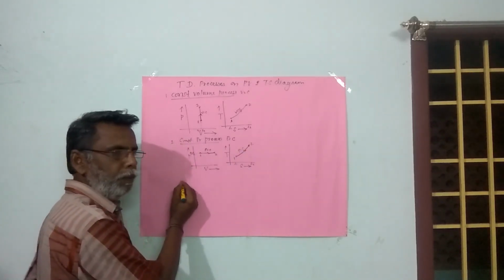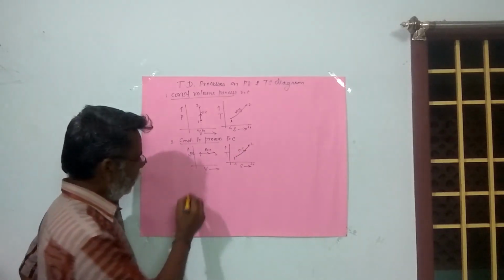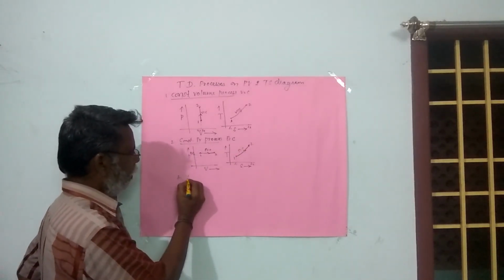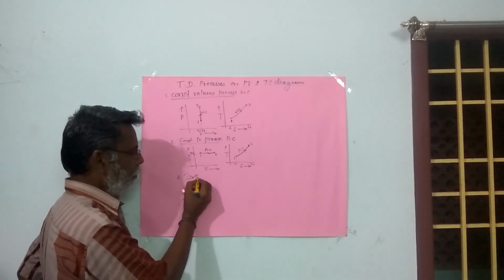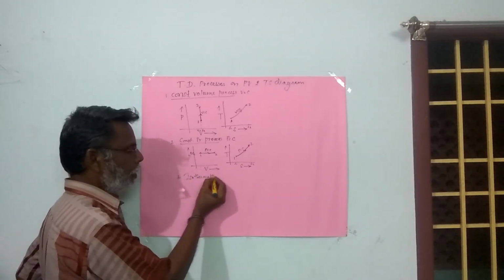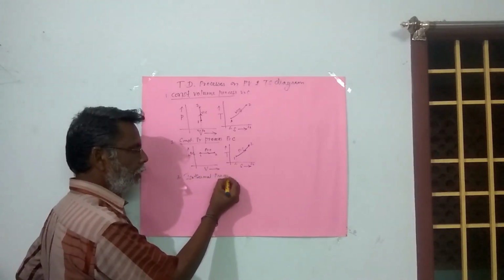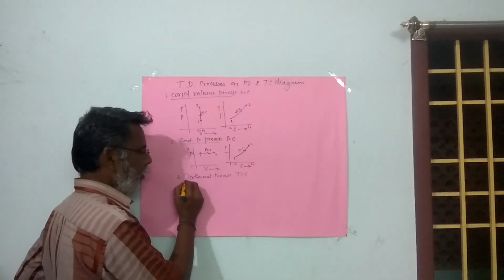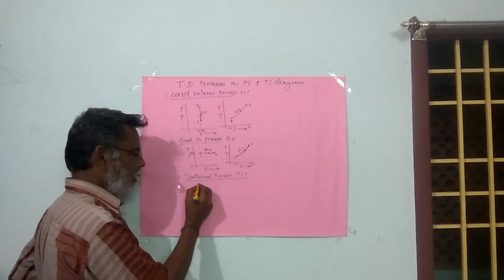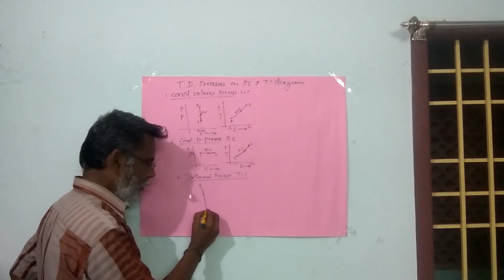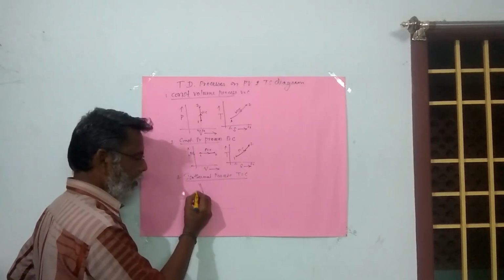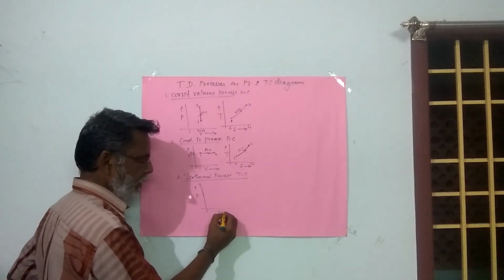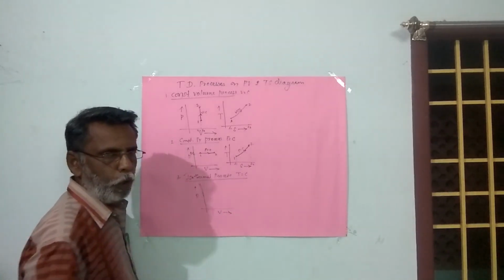Now let us come to the isothermal process. For the isothermal process, the property temperature is constant during the process. Pressure is on the y-axis and on the x-axis we take volume.